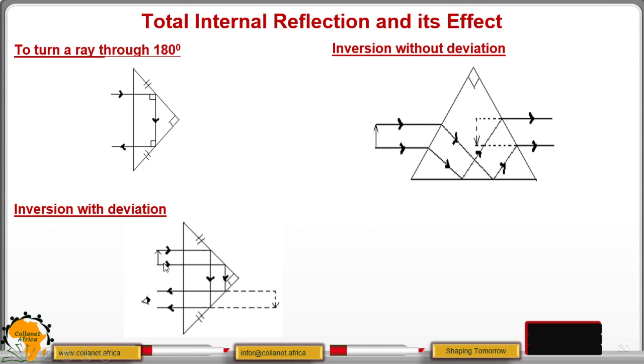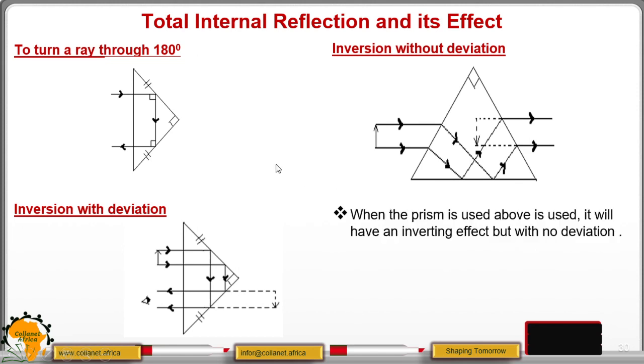Look at the difference between here. We have deviation here, but these ones are almost on the same line. Therefore, this is inversion without deviation. How do we use this? When the prism is used for inversion without deviation, it has an inverting effect, but with no deviation.